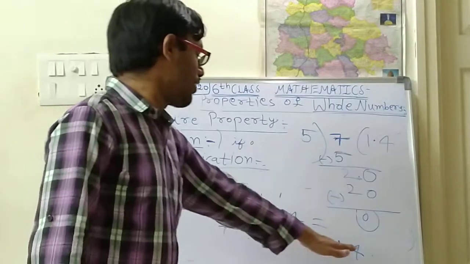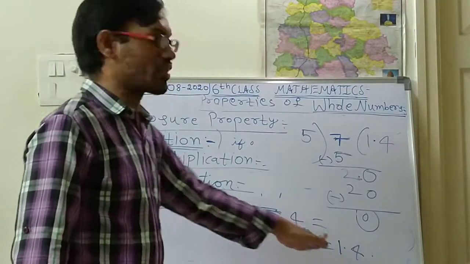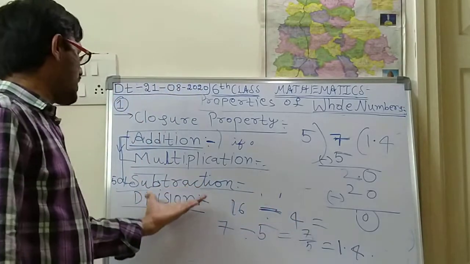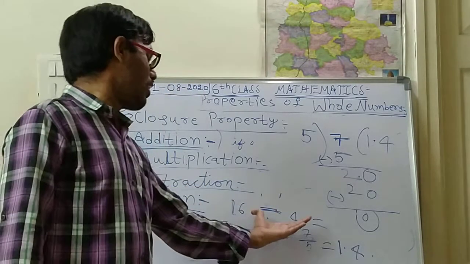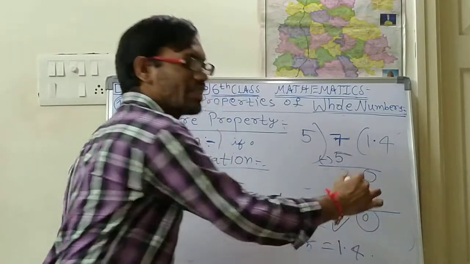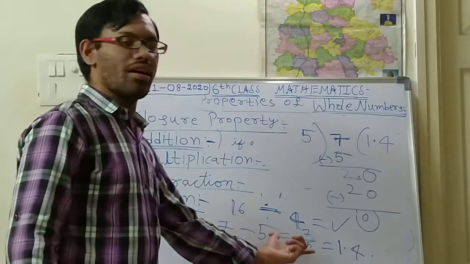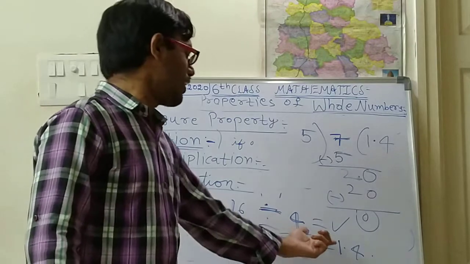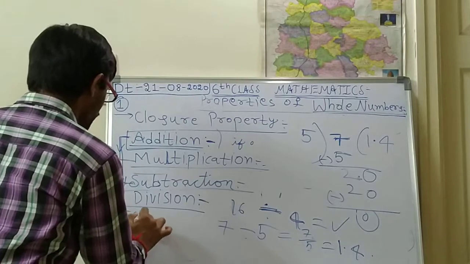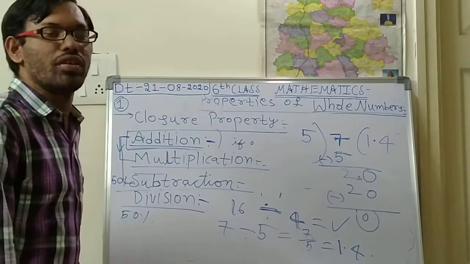That means here we should not get any decimal numbers. Same as subtraction, for division also, for some whole numbers the property is satisfied, but for other whole numbers the property is not satisfied. That means this is also 50-50 chances.